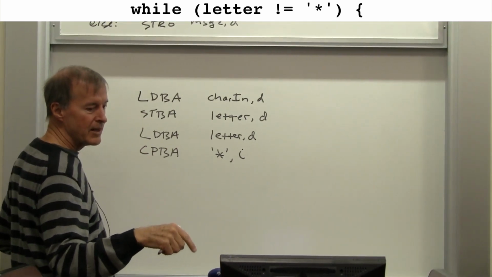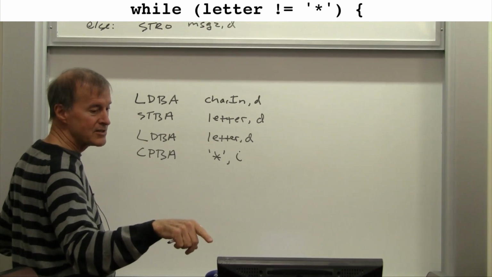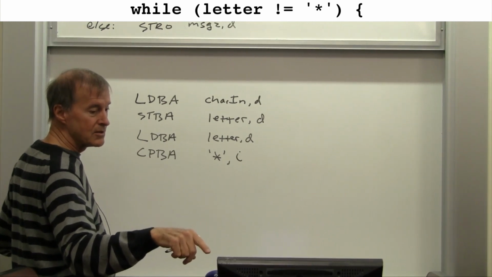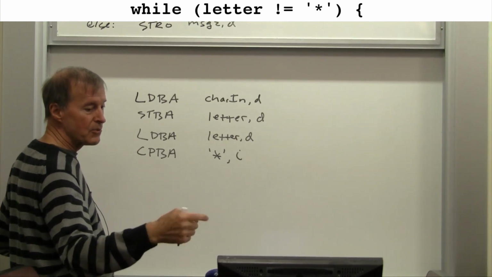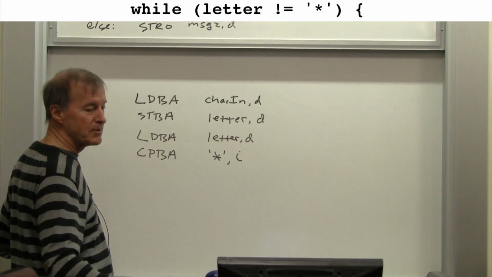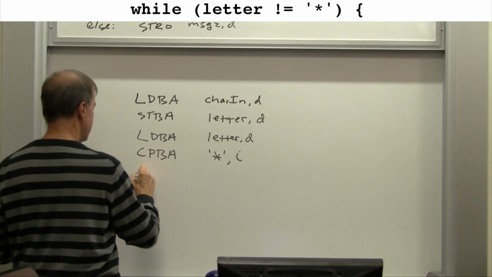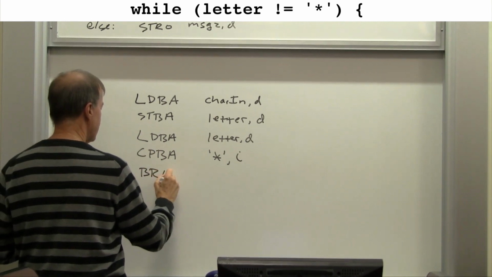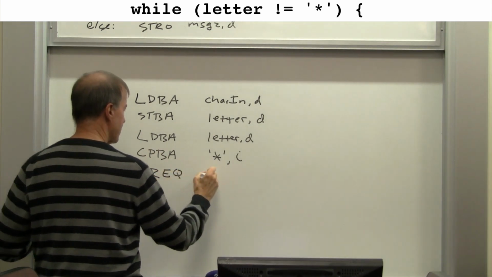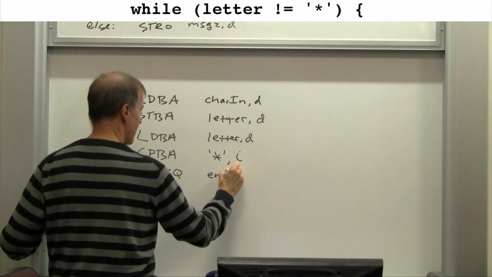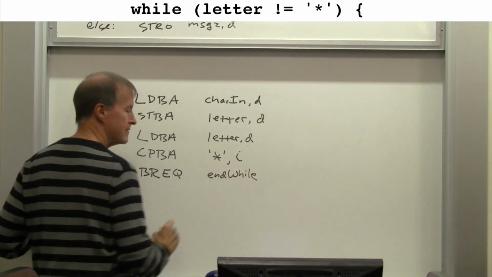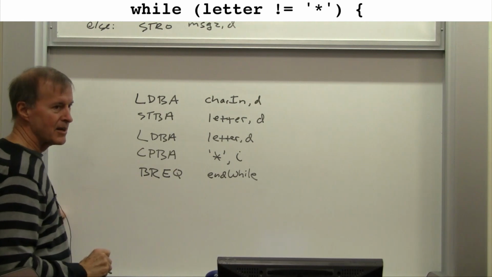Here, it's while the letter is not equal to. So when do we want to branch around? When do we want to quit the loop? When it's equal to. So this would be what? BREQ to what? End while. Now does everybody see how that works?